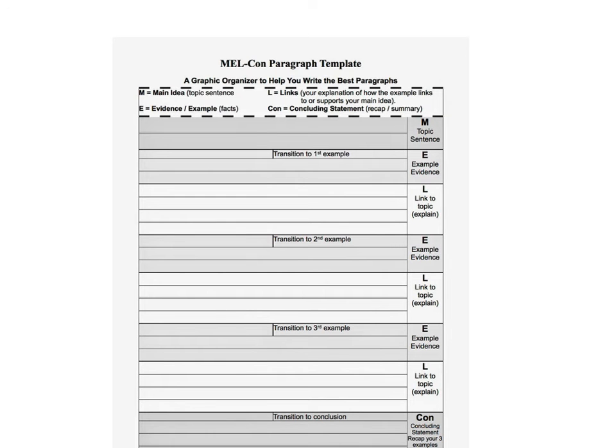The MELCON is probably my favorite thing we used, because the MELCON takes your topic sentence and the example evidence and the link. The example evidences were a statement of information, and then the link was either the paraphrase or the quote from their text.